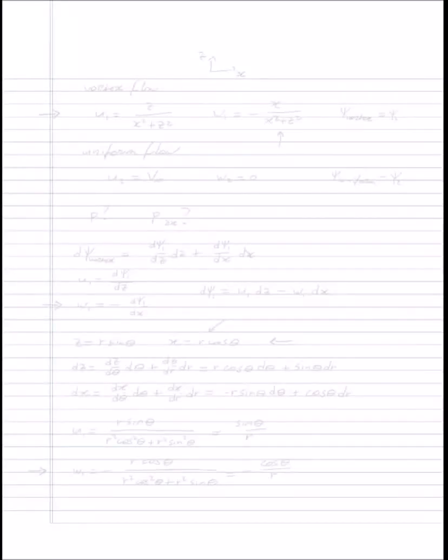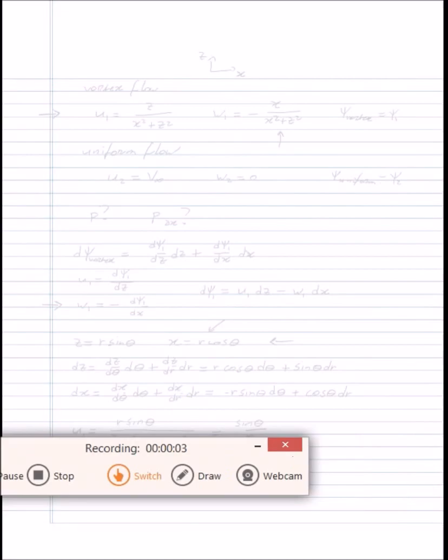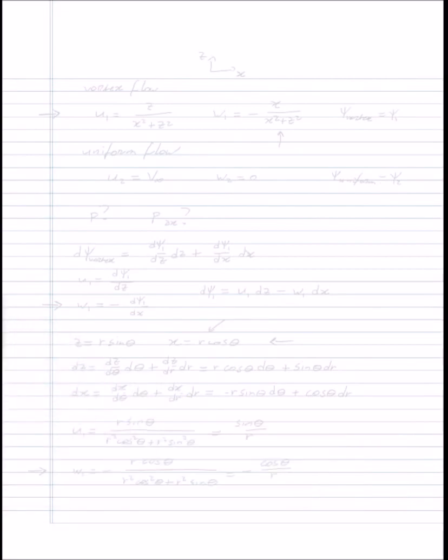In this question we're going to do potential flow theory. So we've got ourselves two types of flows. We've got a vortex flow, and that's given by a given velocity profile.